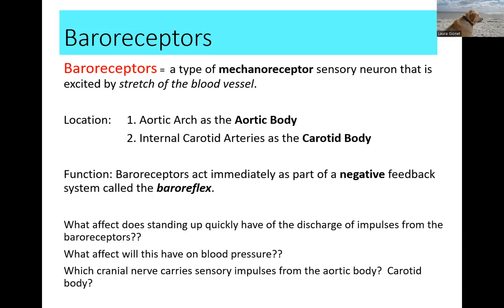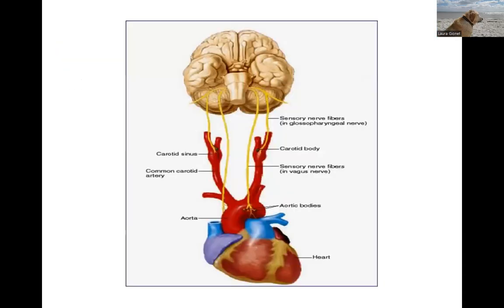So that would be vagus, cranial nerve 10, and the carotid bodies would be glossopharyngeal, cranial nerve 9. Okay, so that confirms this diagram here. Here are the carotid bodies, here are the aortic bodies, and vagus nerve versus glossopharyngeal.